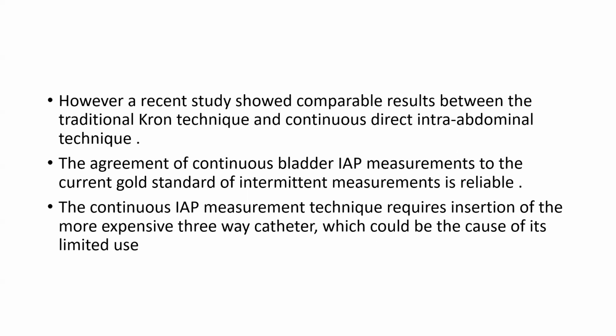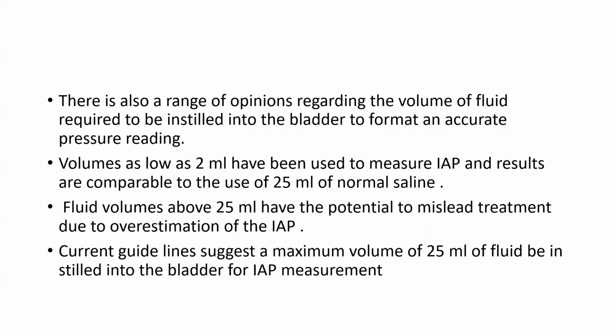However, recent studies showed comparable results between the traditional Kron technique and the continuous direct intra-abdominal technique. The agreement of continuous bladder IAP measurement to the current gold standard of intermittent measurement is reliable. A continuous IAP measurement technique requires insertion of a more expensive three-way catheter, which could be the cause of its limited use.